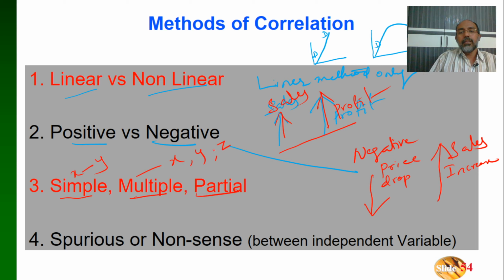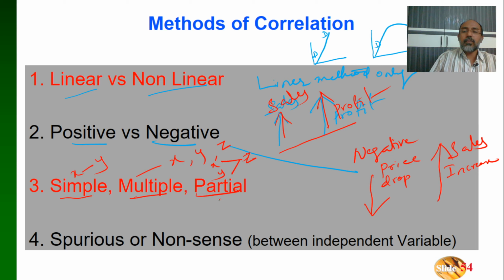If you take the dependency or impact of x and y variables on z, you can add further variables also, x, y, z, a, b, c, d, like that. That is called multiple correlation.